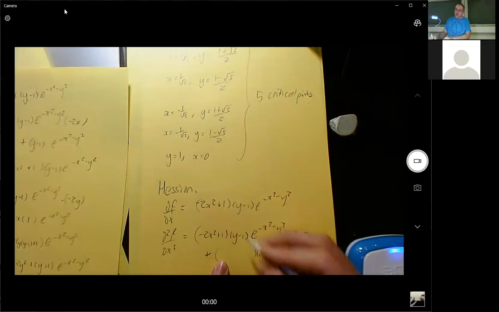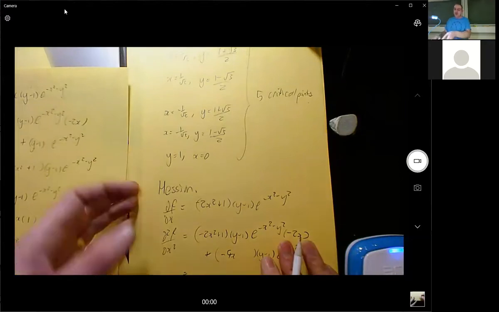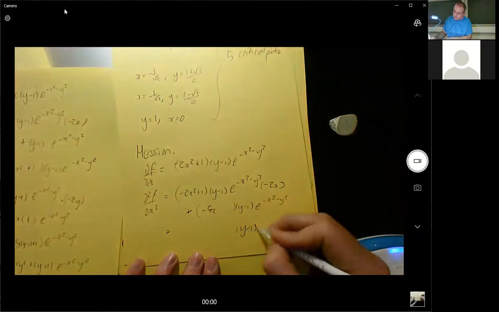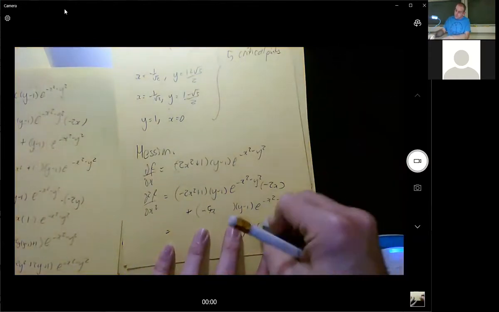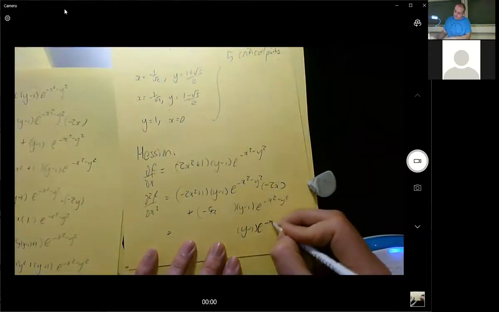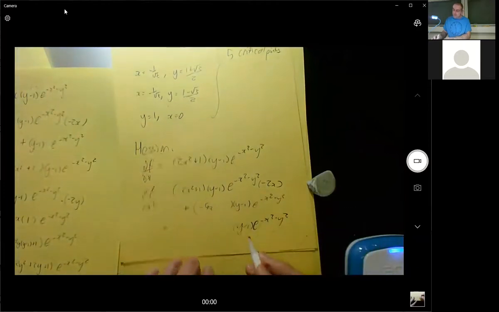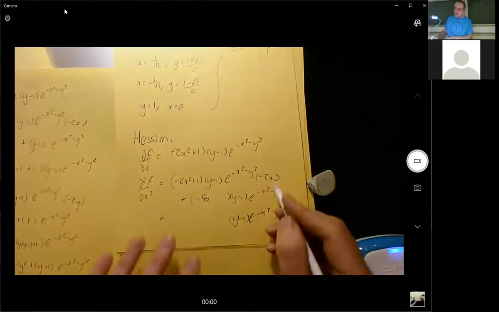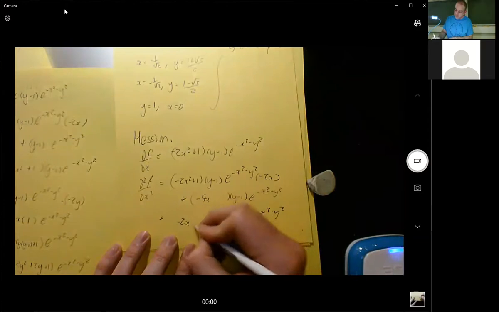And I'll differentiate this, which will give me minus 4x. And I'll keep that bit. And so I'll end up with whatever I end up with. It's not pretty. I do not like it, Sam I am. It's got a minus 2x in every piece of it too.